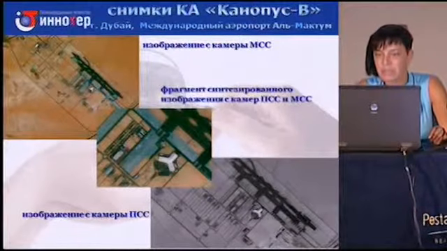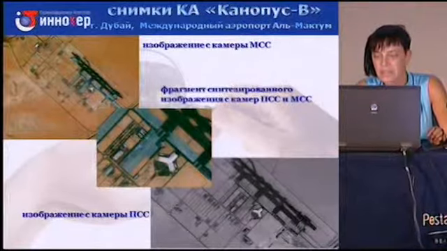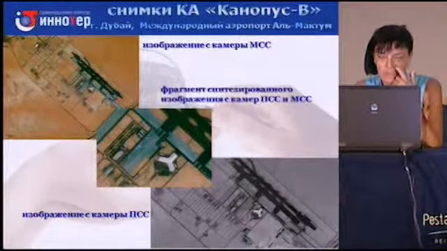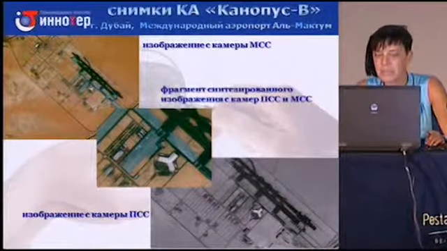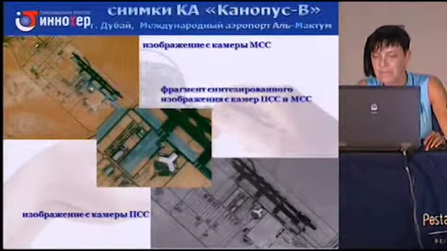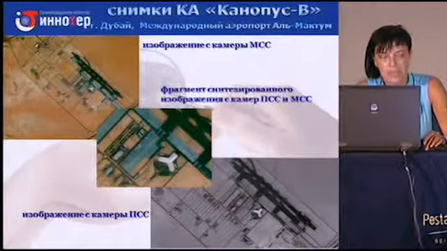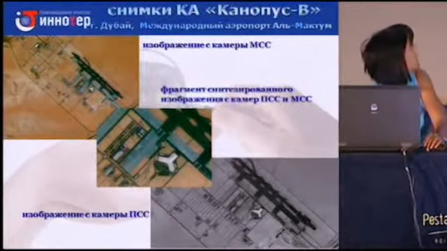This is Dubai International Airport Al Maktoum, MSS image, and the lower image from PSS and the synthesized image. Also, we can clearly interpret airplanes.